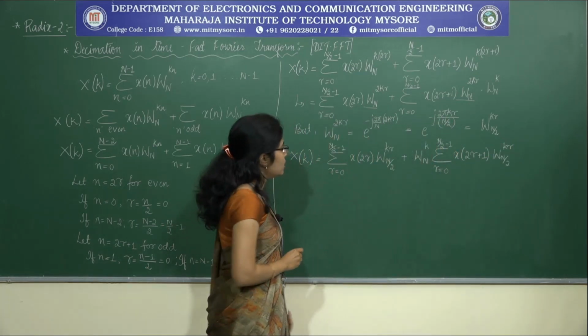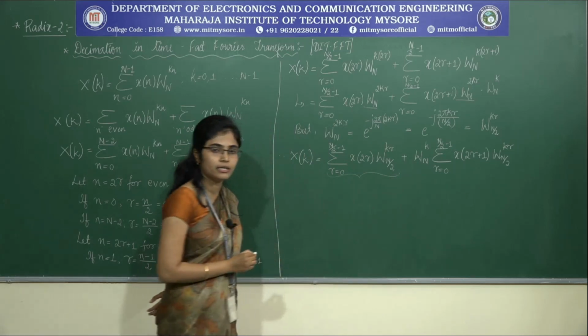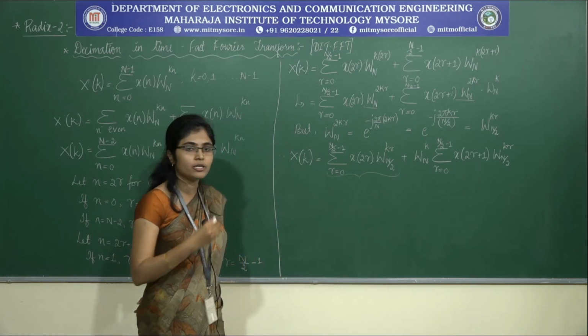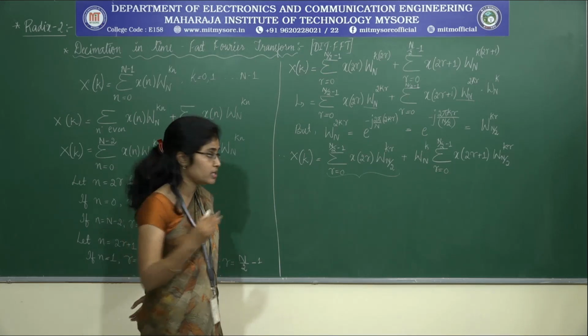Okay. Now looking into this entire data, is it similar to our DFT equation, that is summation n ranges from 0 to N minus 1 x of n into omega N to the power of kn? Yes.